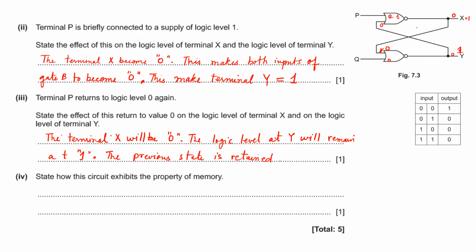So we saw that when 1 is applied here, my X changed its value to 0, and my Y became 1. And now from 1 I change it again back to 0. Here my Y was 1, and my X is now retaining the value of 0 from the previous case, and my 1 has been retained. So this is exactly what is happening in the memory.